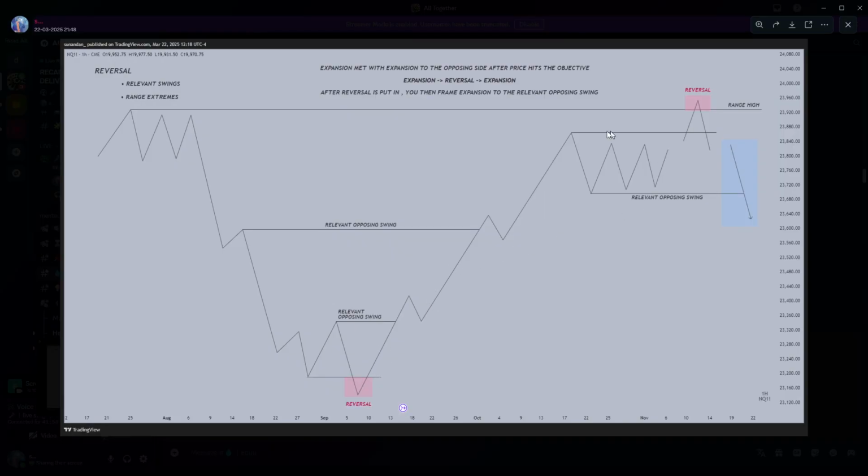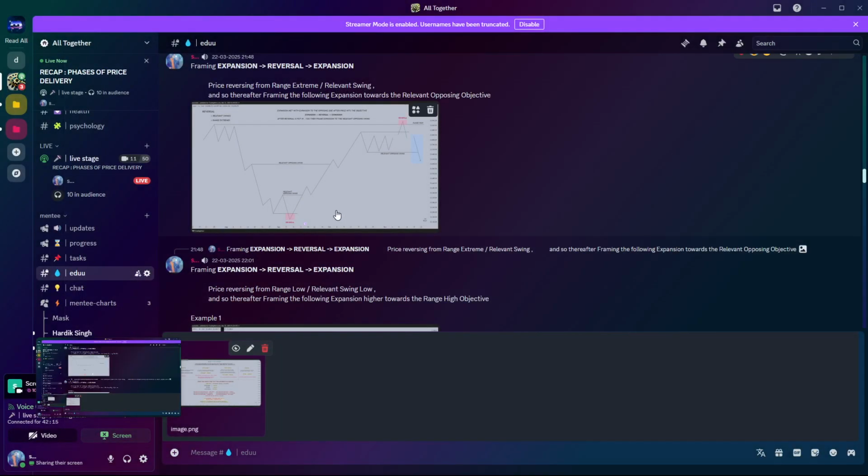Relevant swing, reversal has been put in, you then look to frame this expansion lower to the objective. Expansion met with the expansion in the opposing side is a reversal. After reversal is put in, you use this as a framework to then frame the following expansion.